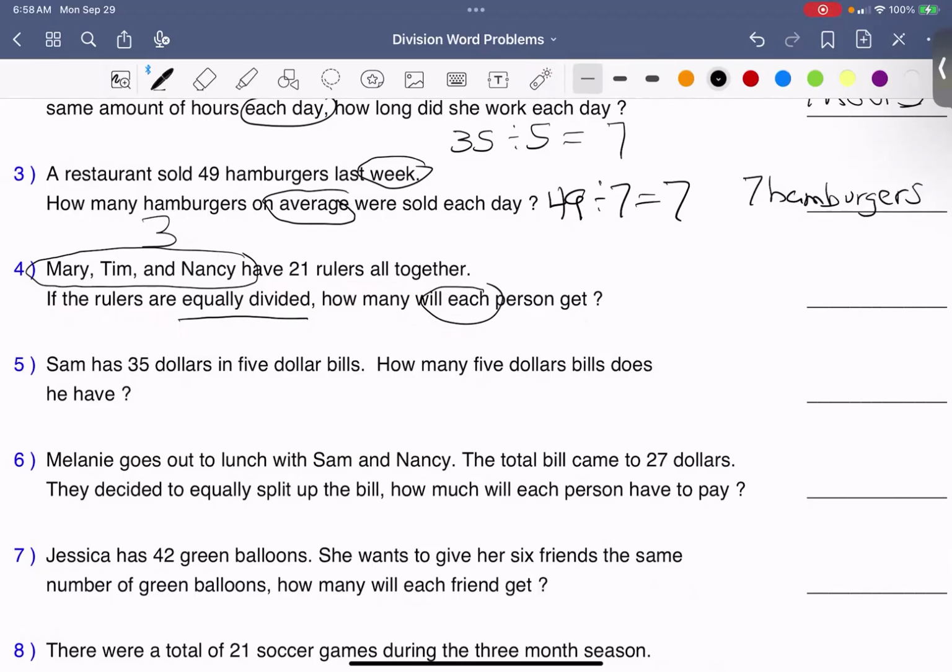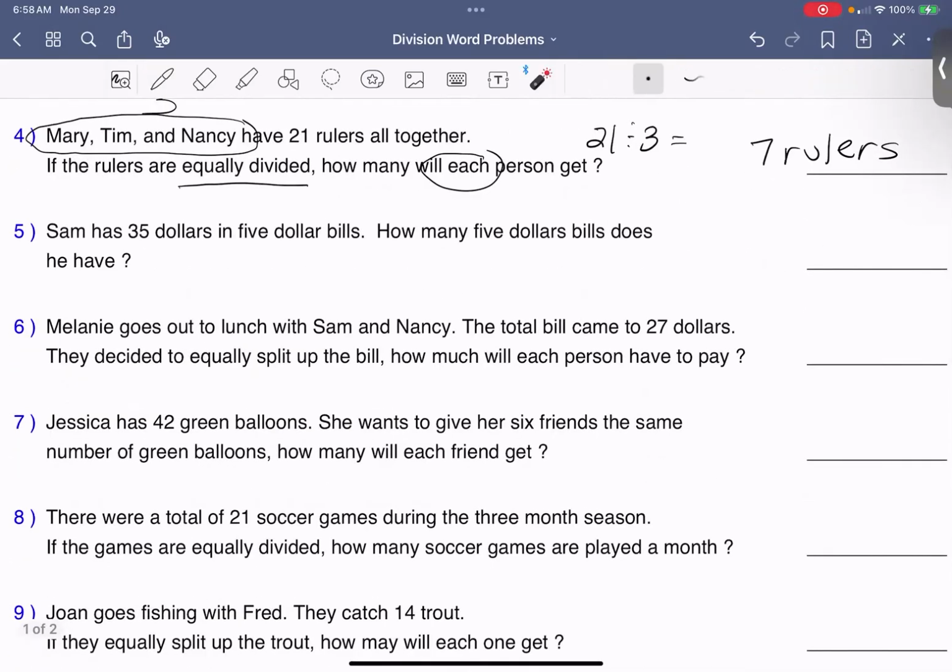So we know we're going to divide. So 21 divided by 3 is equal to 7 rulers. And in these problems, we don't have to do the long division if you know your 1 to 12 times tables.